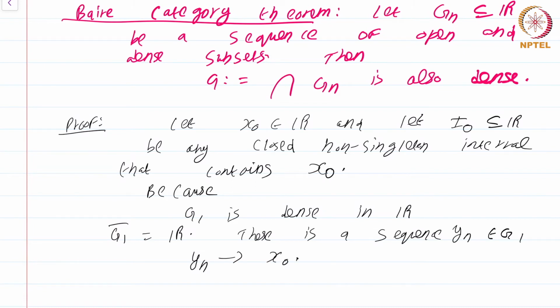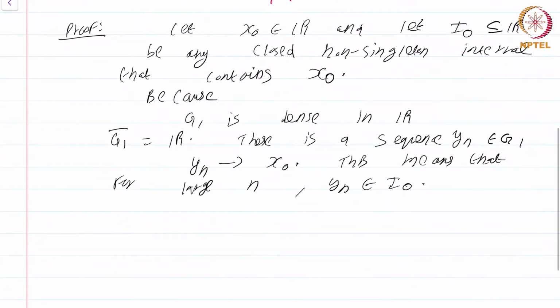That's the definition of closure. This means that for large n, yn is an element of I0, right? Because the sequence yn converges to x0, for suitably large n, yn must be in this closed interval I0. Okay, this means G1 intersect I0 is non-empty.